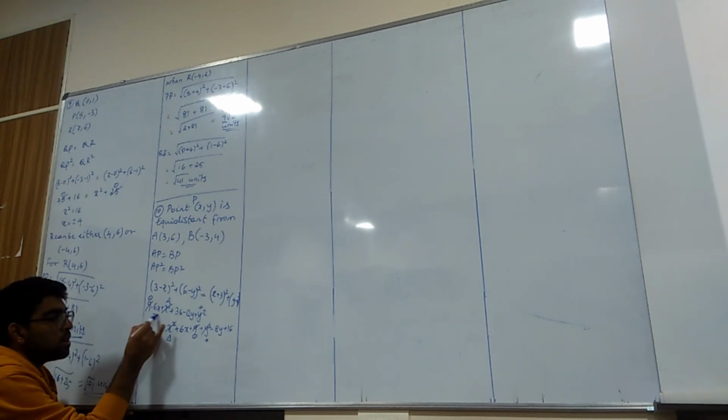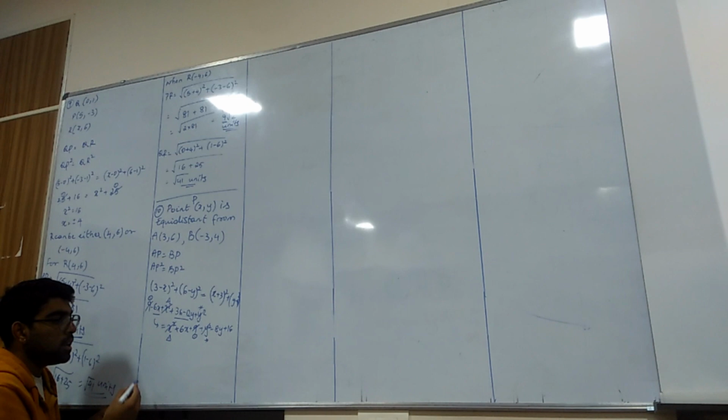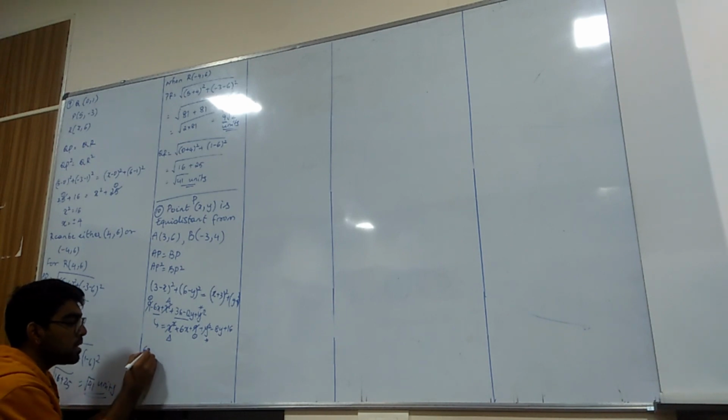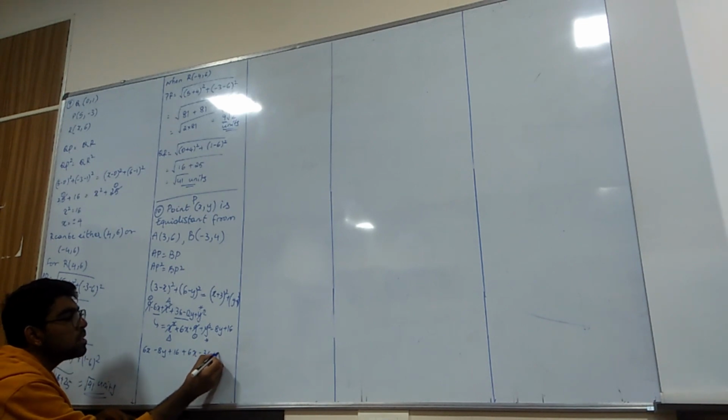Remaining all of the terms here, no? I'll get everything on the other side. So we have 6x remaining, minus 8y, plus 16 actually. When minus 6 comes to the other side, it will become plus 6, minus 36, plus 12y equals 0.